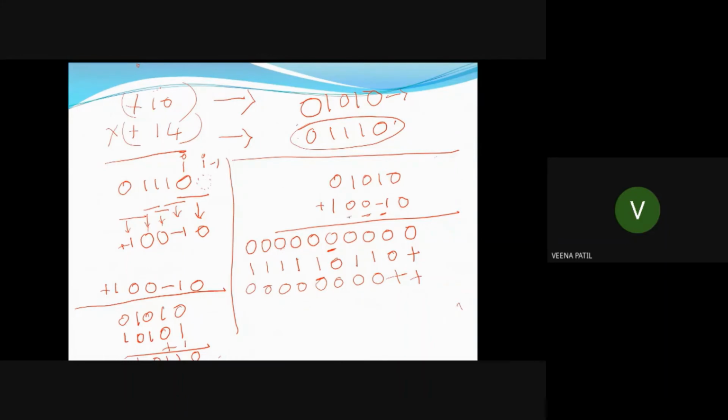Right. One more 0 I have. So simply shift. Right. Now the last bit is +1. When it is +1, what am I supposed to do?